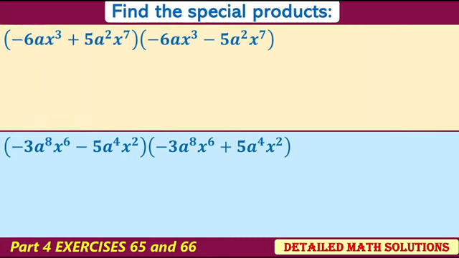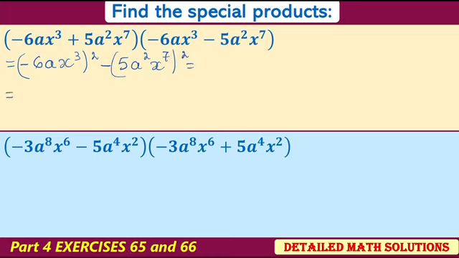In the first exercise, the term minus 6a x to the third power will correspond to the a in the formula, and the term 5a squared x to the seventh power will correspond to the b in the formula. When applied, it equals minus 6a x to the third power in parentheses squared minus 5a squared x to the seventh power in parentheses squared.